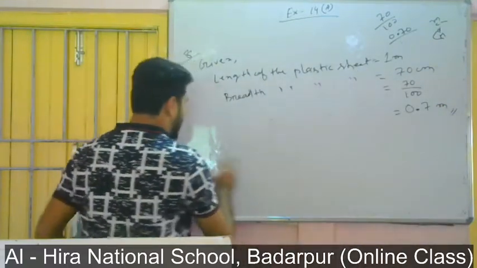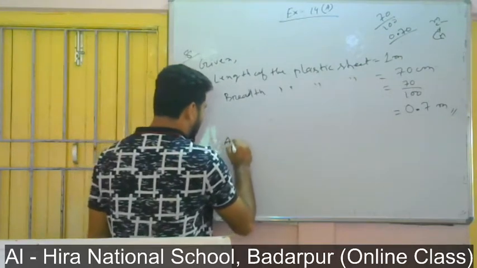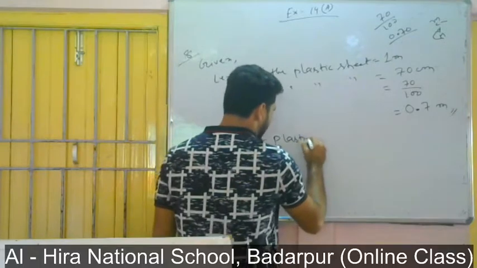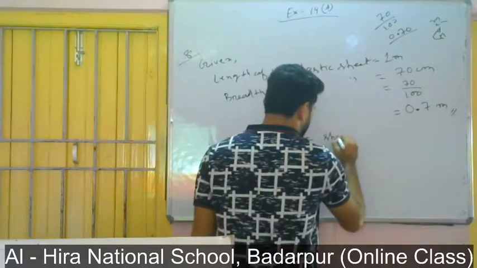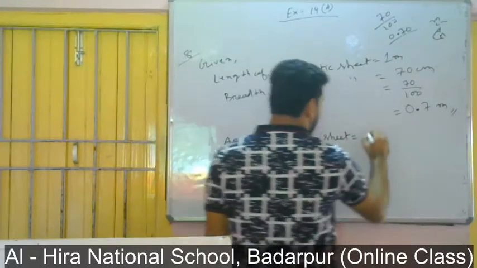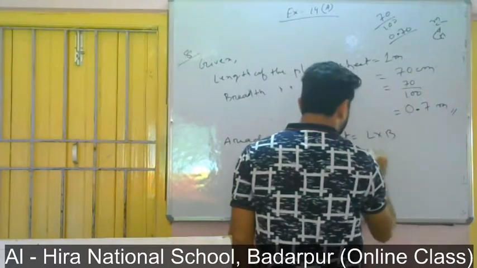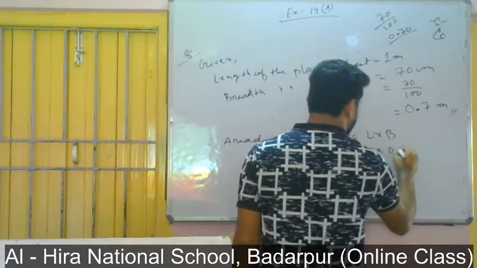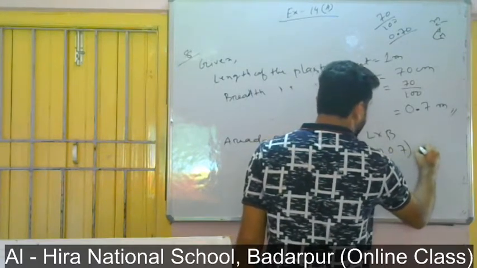Now write: therefore, area of the plastic sheet will be length into breadth. Length is 1, breadth is 0.7 meter square.